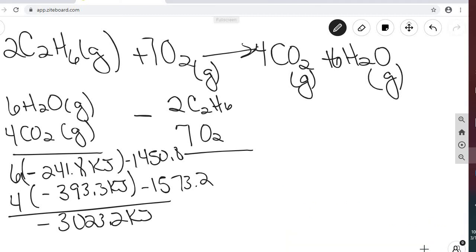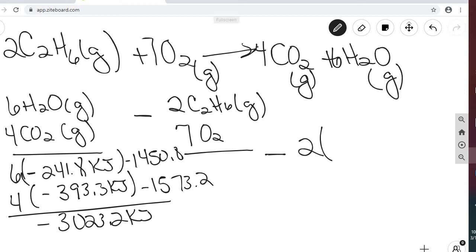And then we're going to subtract from that the reactant side. So we have 2 of the C2H6s in a gas form. C2H6 is negative 84.7. Sorry, 84.7.